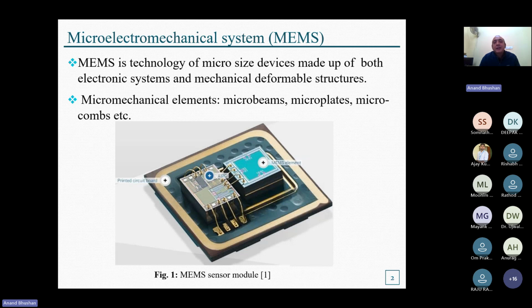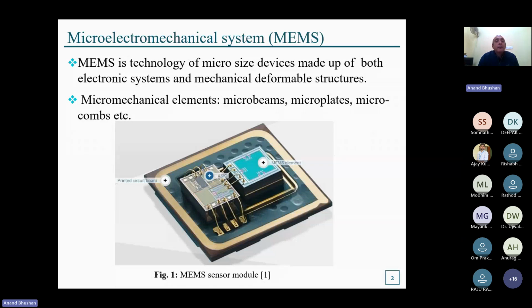On the right hand side there is a MEMS element, a diaphragm, or a thin plate, which can deform when we apply some pressure on it. The left hand side is electronic circuitry, which is used to detect the motion of this diaphragm and tell us what the pressure actually is.